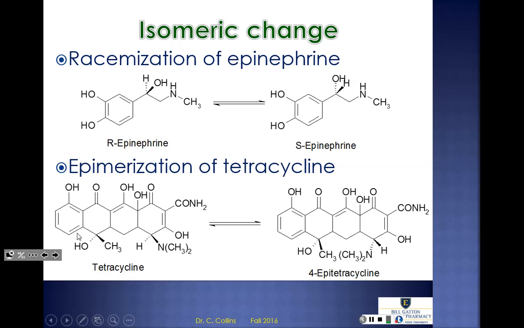And here, if this occurs, this is not nearly as effective against bacteria as the original form. These can occur sometimes in solution or with other ingredients in there, so you would put them in the most stable system possible.